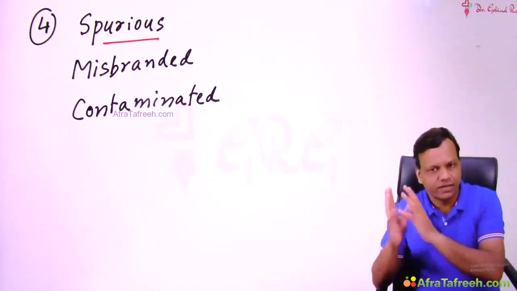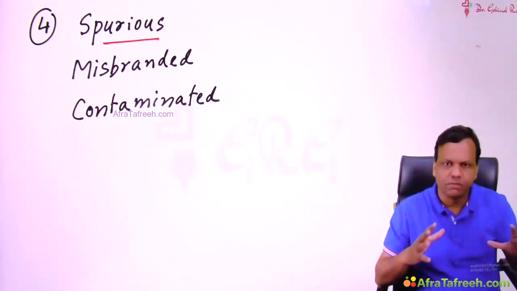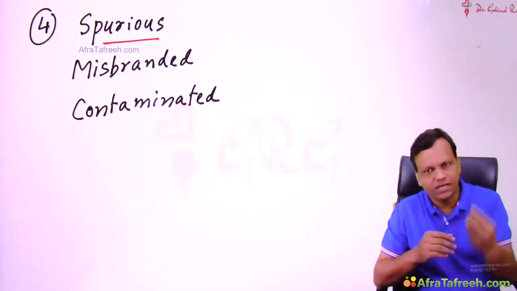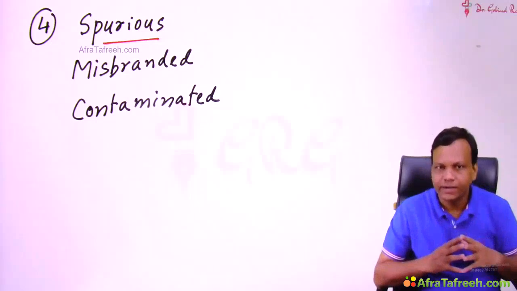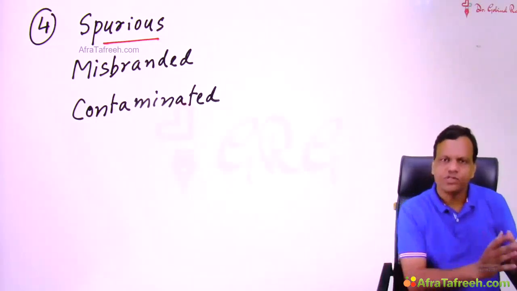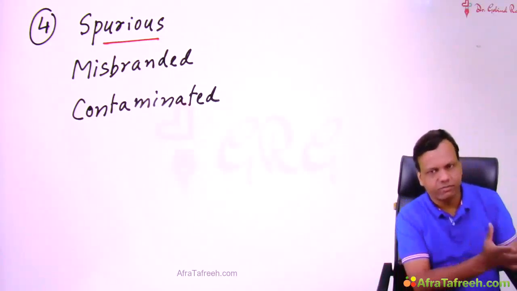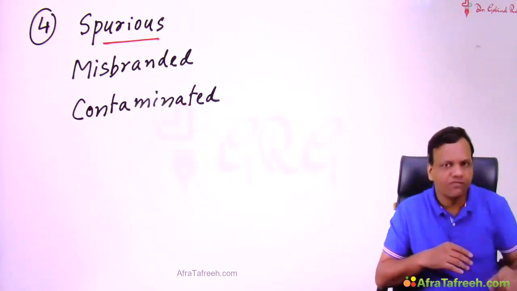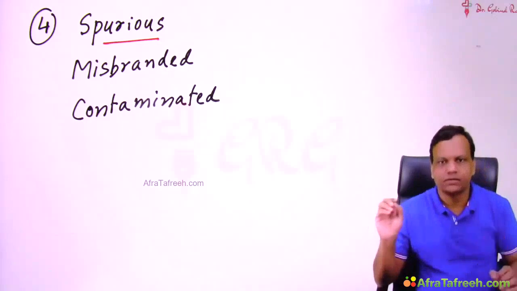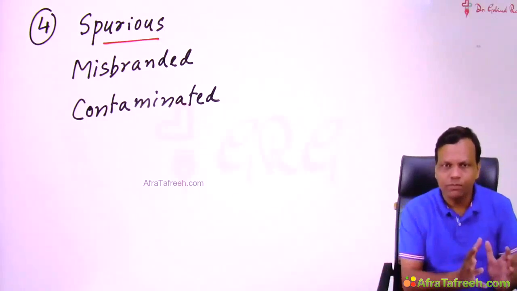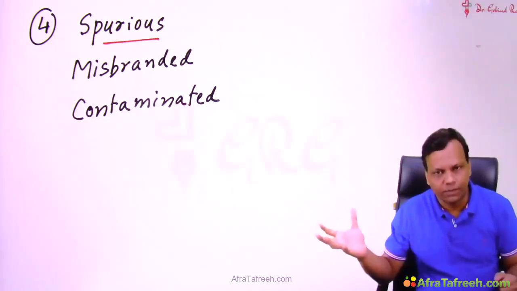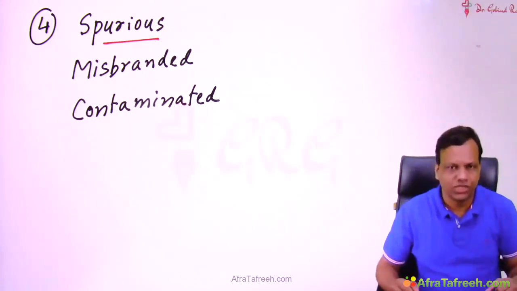Cipla is making a drug, and most of the people, doctors, they trust Cipla. So they are making a drug with some particular brand name. Now a new pharmaceutical company has come which has just been established a few months back. Now this company keeps the name of its drug similar to Cipla's. So the new company wants to take advantage of the popularity of a well-known company. Such drugs are called spurious drugs.